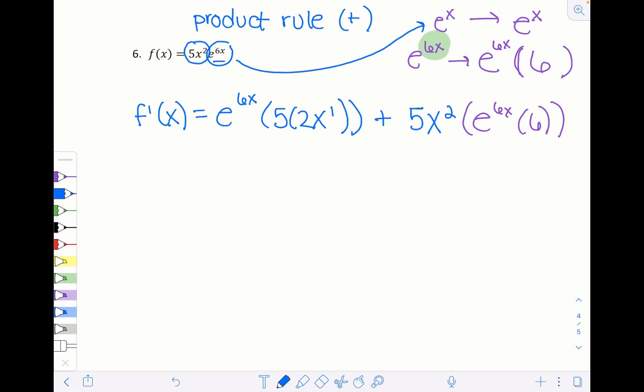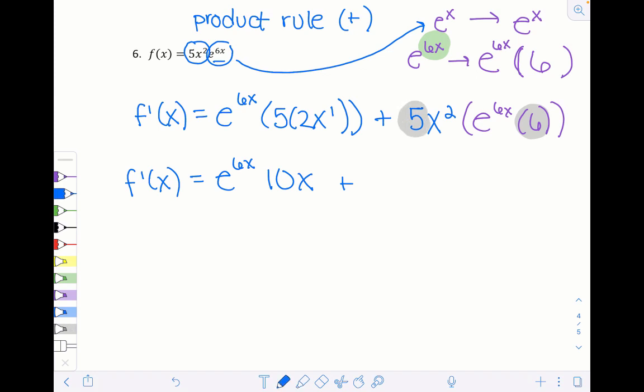We do want to simplify it though. So let me go ahead and try and simplify it. So we've got e to the 6x times 10x plus, here I can do some multiplication because I've got the 6 times 5 that I can multiply together.